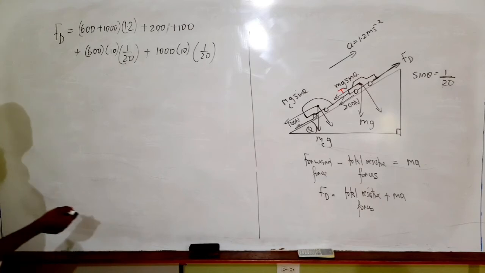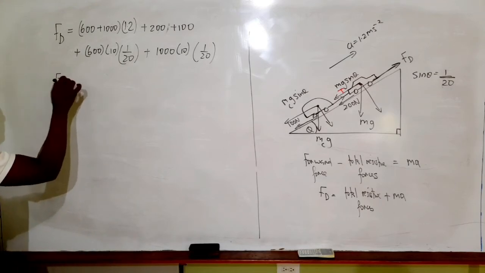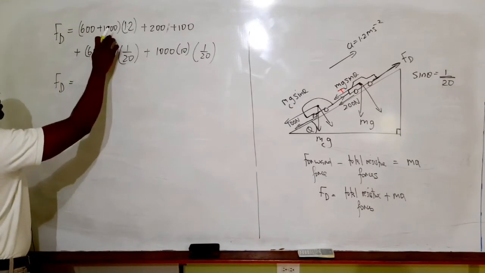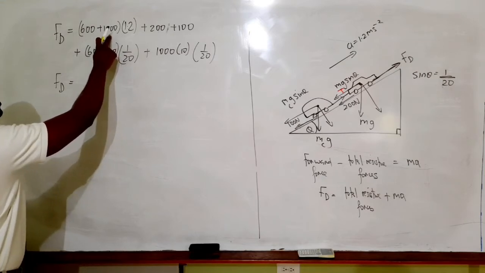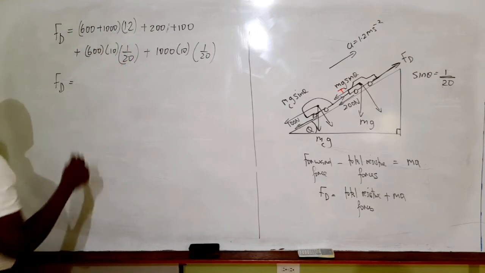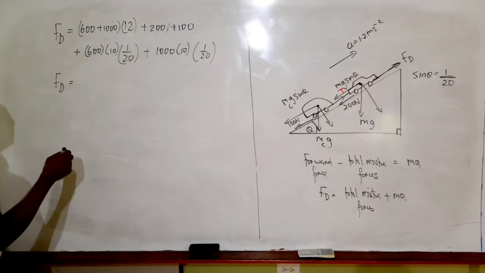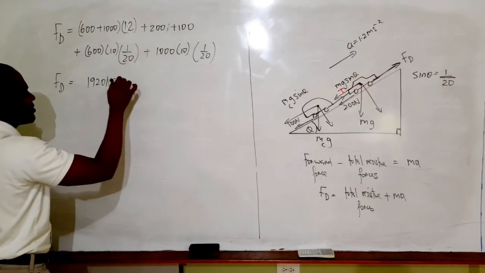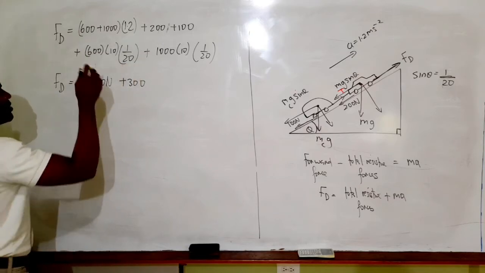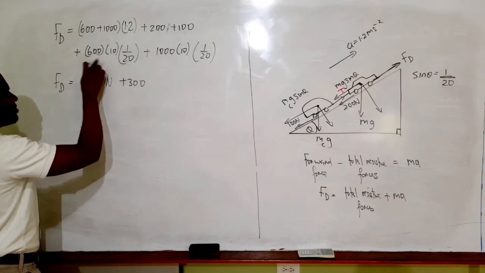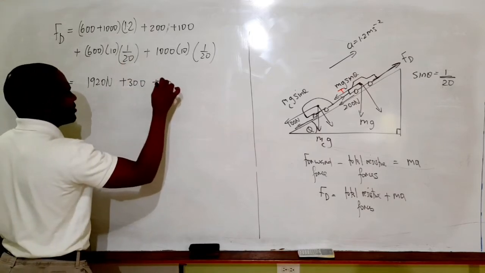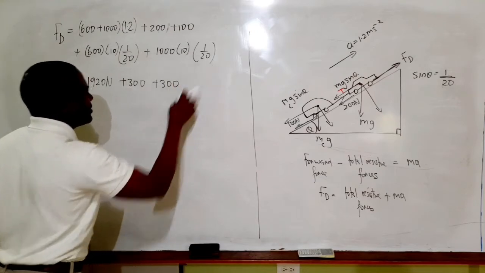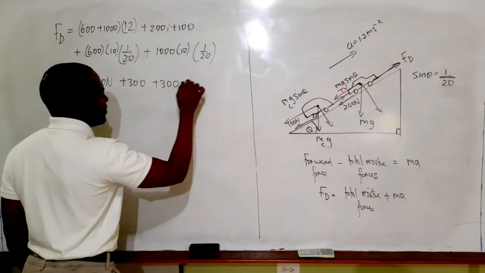And so if we work this all out, we get the driving force Fd is equal to 600 plus 1,000, that's 1,600 times 1.2, then that gives us 1920 newtons plus 300, plus, work this out, 10 times 600, 6,000 divided by 20, that's plus 300, and then 10 times 1,000, 10,000 divided by 20, then that gives us 500, so plus 500.